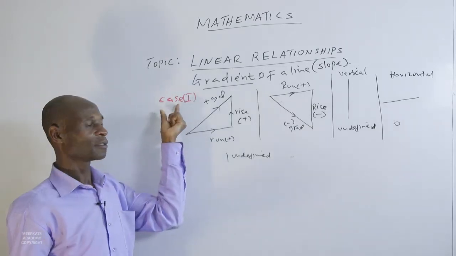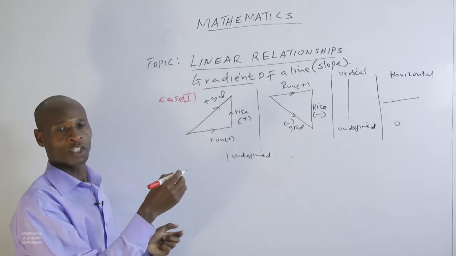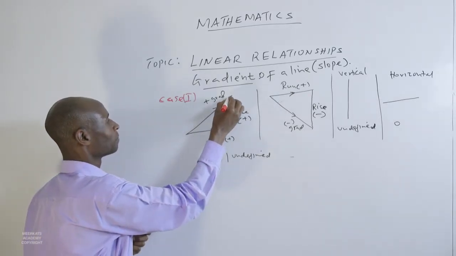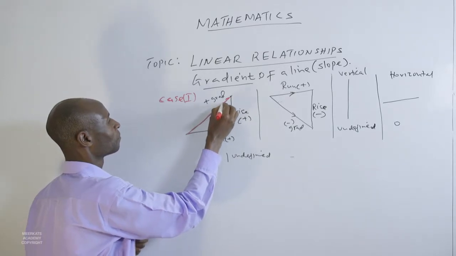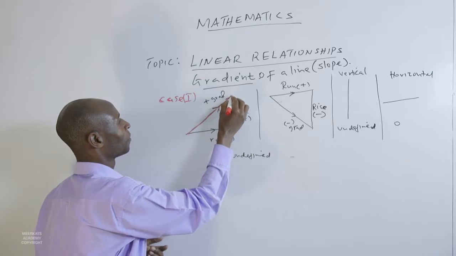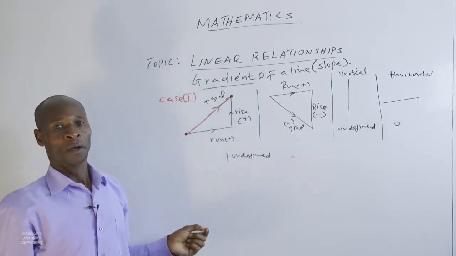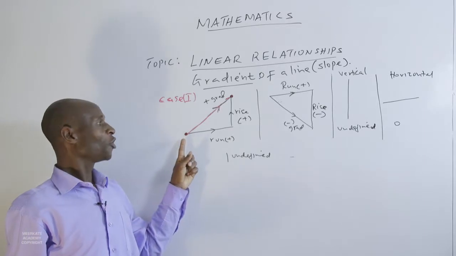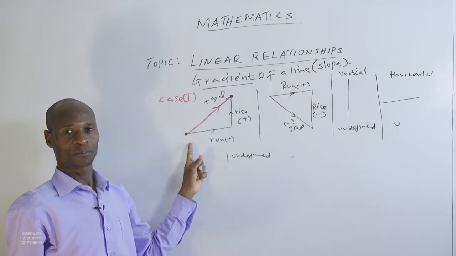In case 1, we are having a straight line. The line is joined by 2 points. The points are represented with a dot.